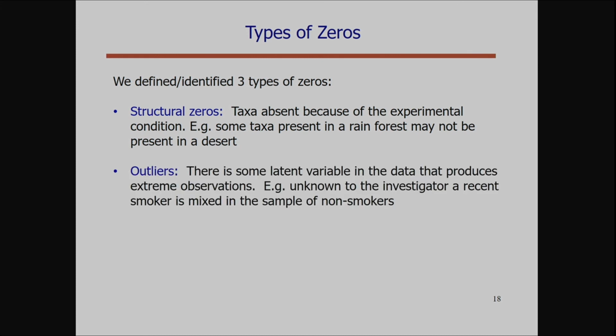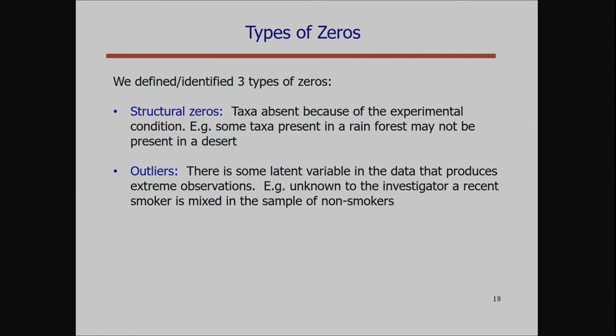Then there are outlier zeros, which arise when, without your understanding of the sample you're working with, you may have a mixed sample where there is some structural heterogeneity in the data. You may be looking at a bunch of people and looking at, let's say, their samples from the lungs or whatever. So you may have some smokers in the mix, or you may have people who, without your knowledge, have had antibiotics.